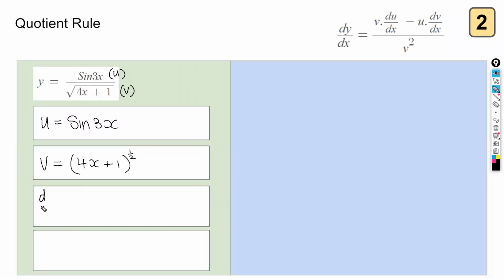Differentiate U, and to get du dx. When you differentiate sine, you get positive cosine, and whoever is touching x also goes outside. So you'll get 3 cosine 3x. This one here, I'm going to use the shortcut, right? Throw the half in front, right?